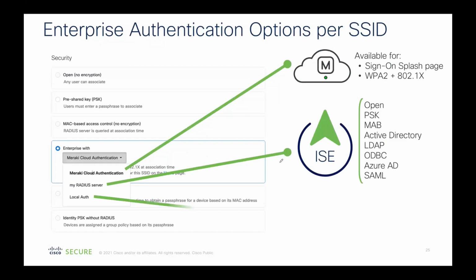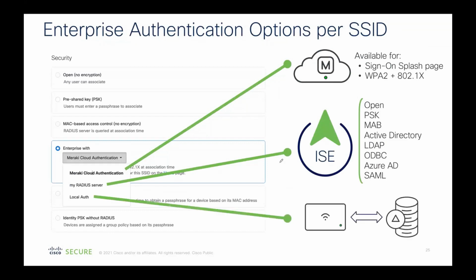And then finally, there's another option they offer called local auth. And that's actually an interesting one because the wireless access point will act as not only the authenticator, but it will be the Radius service, right?